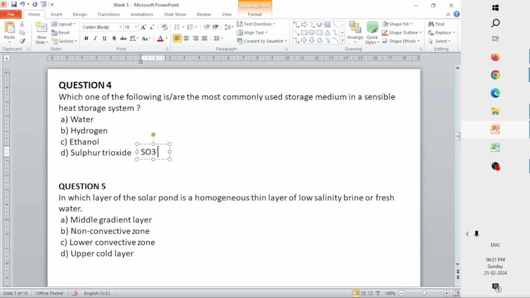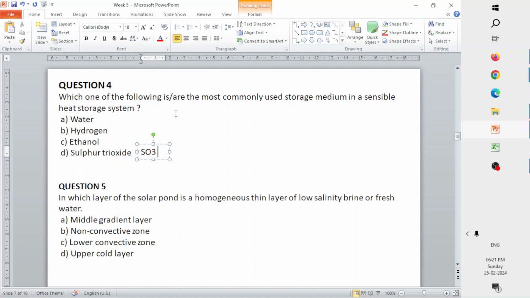Through this, you can take the energy. The thermal energy can be regained for your specific purpose or application. So sulfur trioxide is an example not of sensible heat energy storage, but of a thermochemical heat storage system.